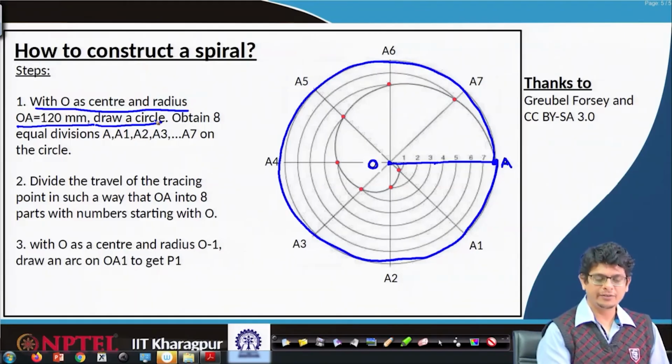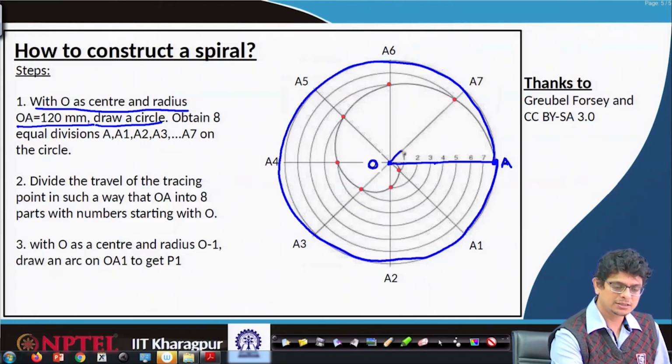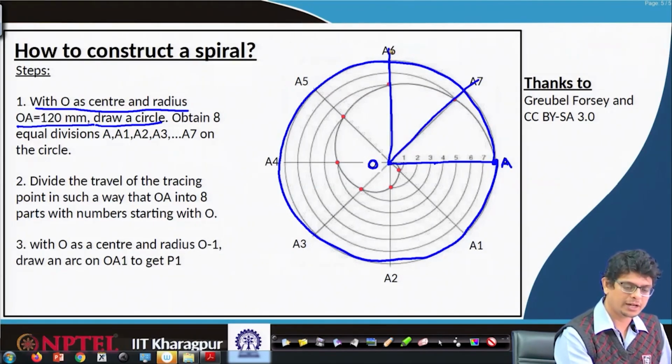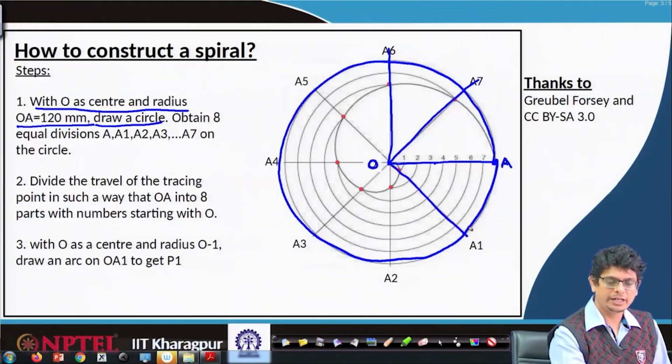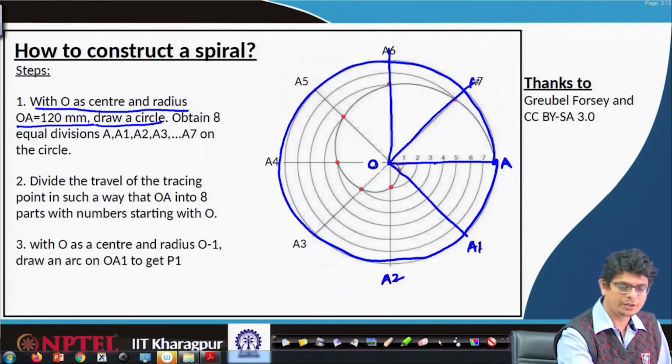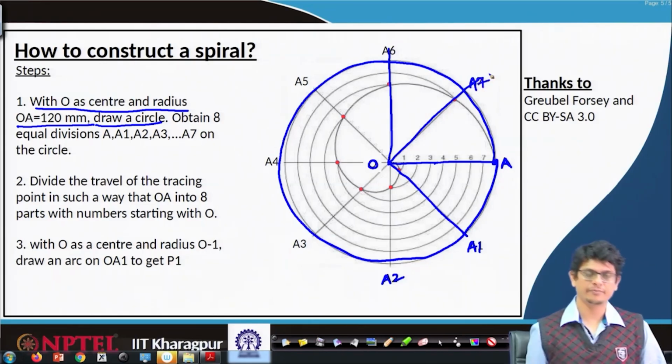After that, divide this circle into 8 equal parts: first one, second one, and so on all the way to the 8th one. Name them A, A1, A2 and so on all the way to A7.